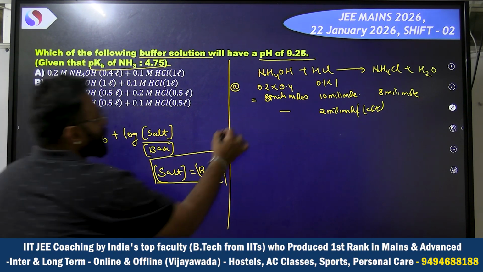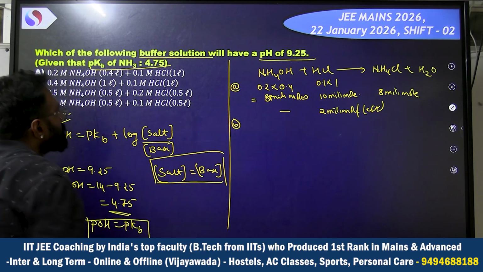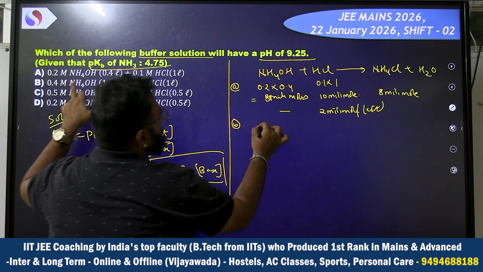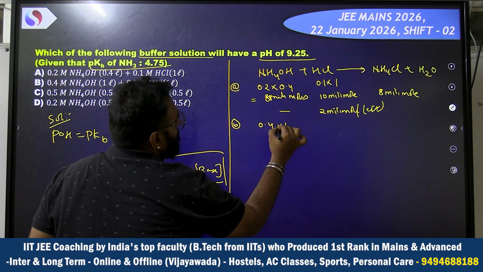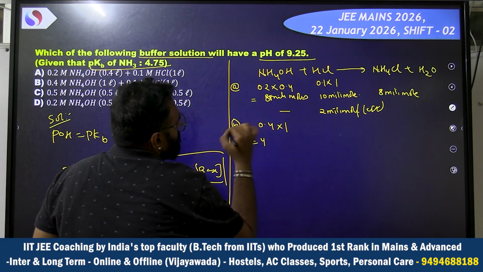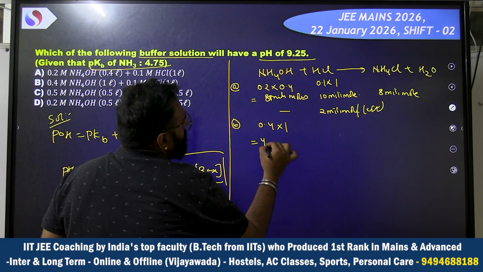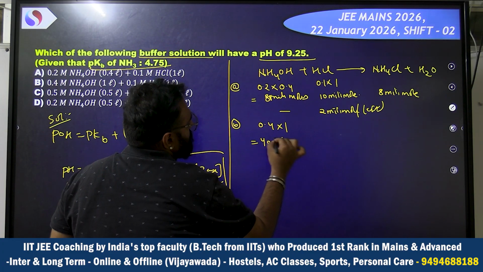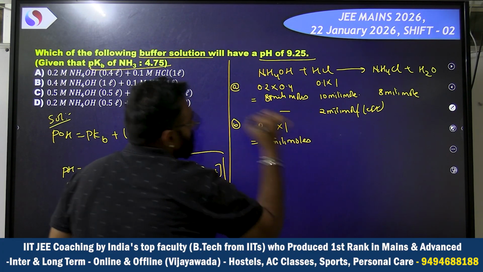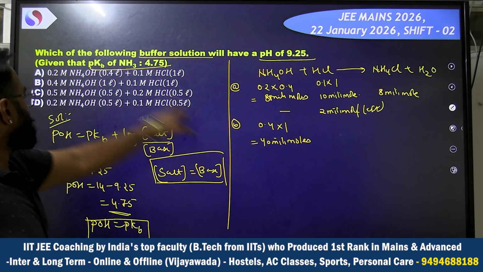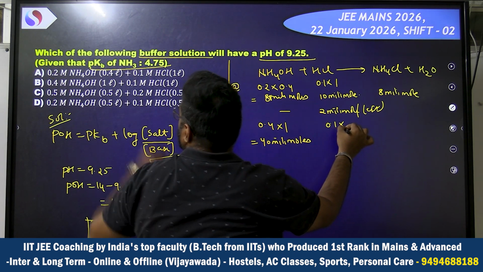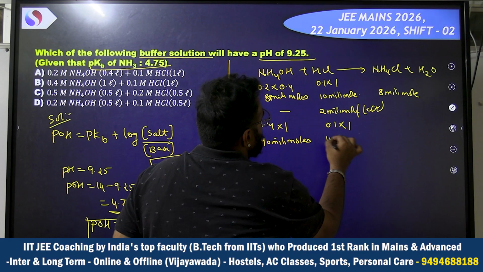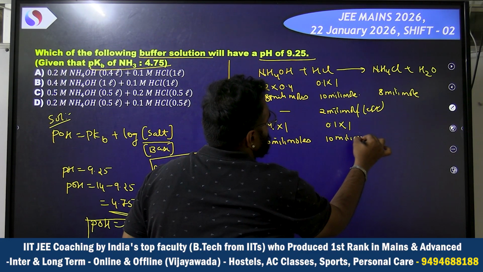Let us see option number 2. Option number 2 is 0.4 into 1, that is 40 millimoles. On the other end, 0.1 into 1 means 10 millimoles.